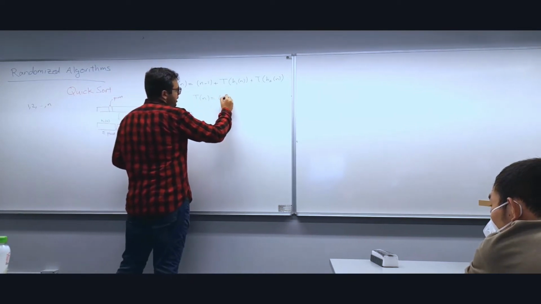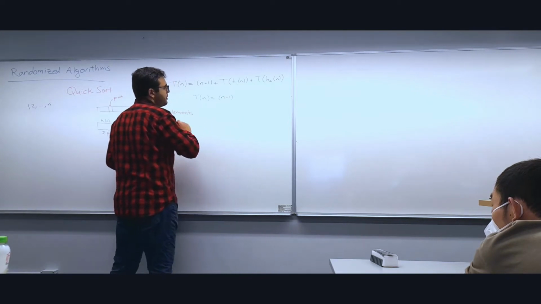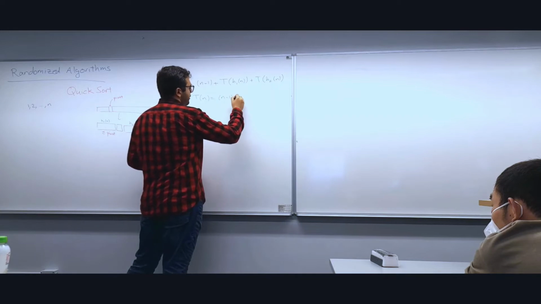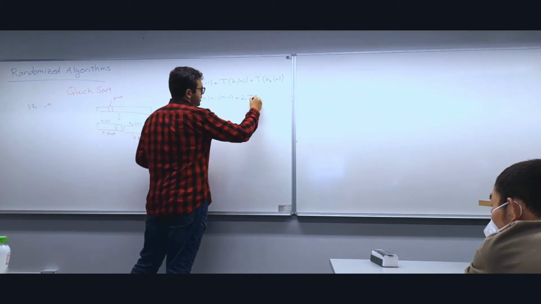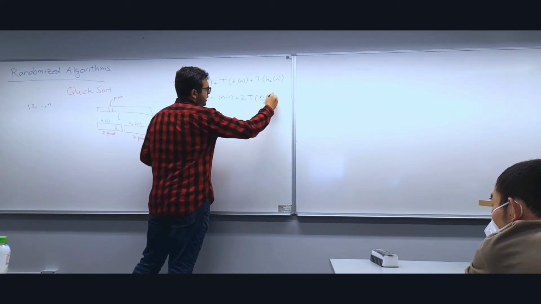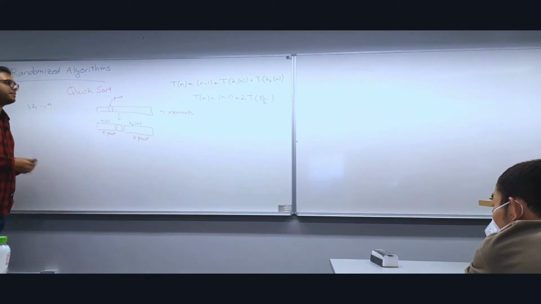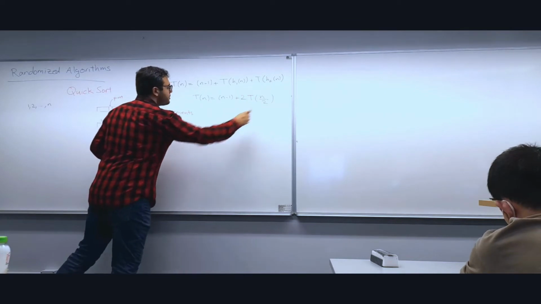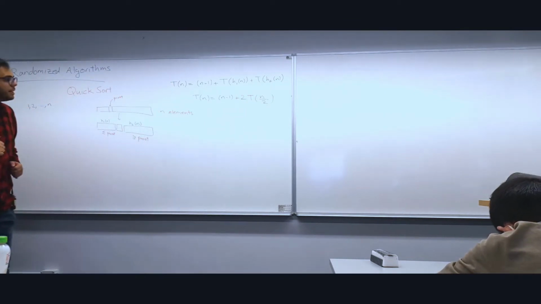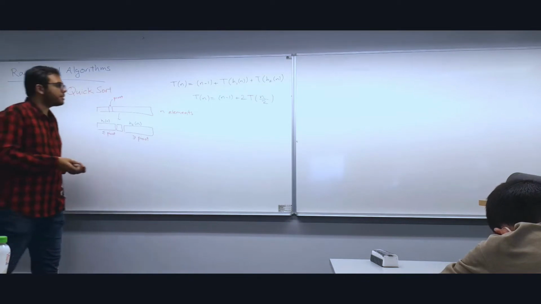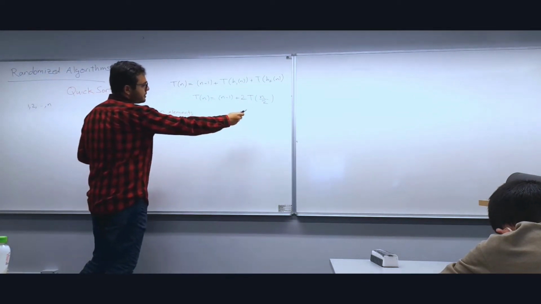I have the n-1 comparisons with the pivot anyway, but then each one of these two becomes half of n. So I can write something like this. And I'm not writing the floor, but you will also have a floor. And yeah, you might also have a -1 here. Anyway, so if I find the best possible pivot, then my recurrence would look like this.